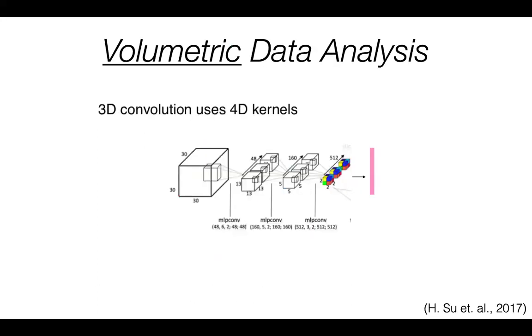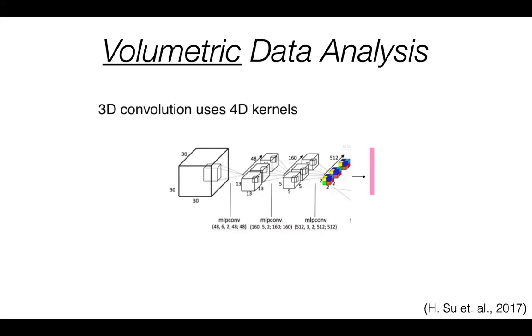When we extend this to 3D data, like a kind of 3D image, then we can do this either for data analysis or for data synthesis. Then basically you have a 3D convolution that is going to use a 4D kernel. And it's more or less the same, but as you imagine, this has a curse of dimensionality, because instead of a square, it becomes a cube, right?